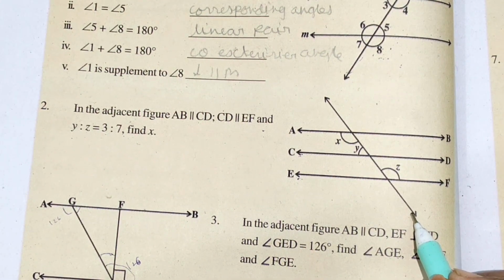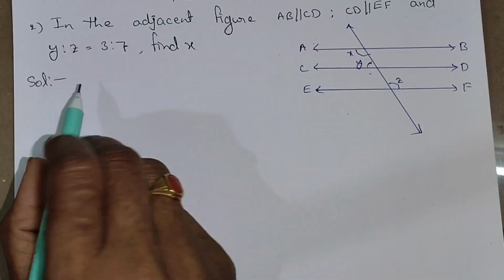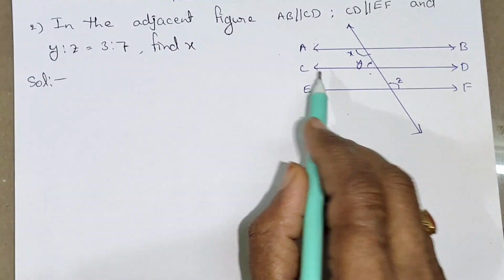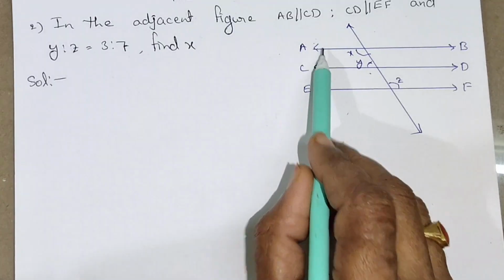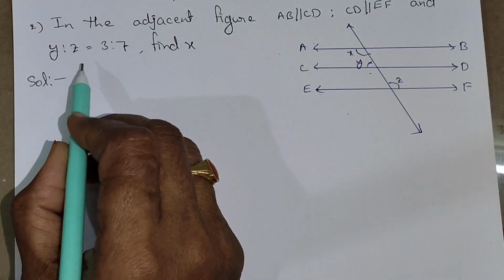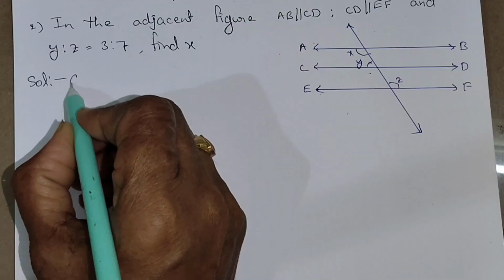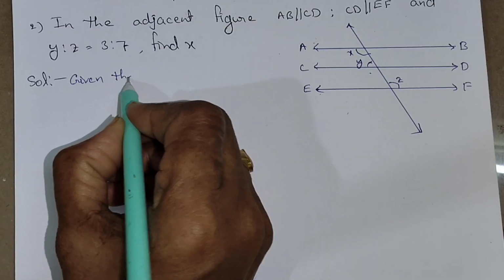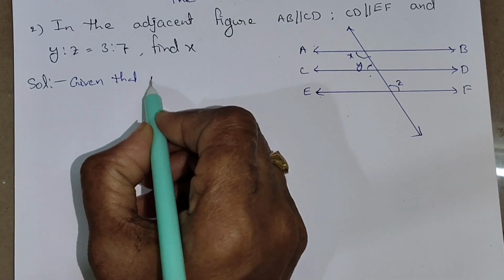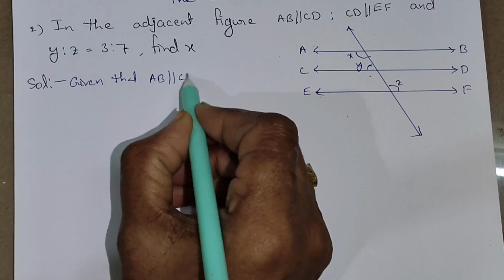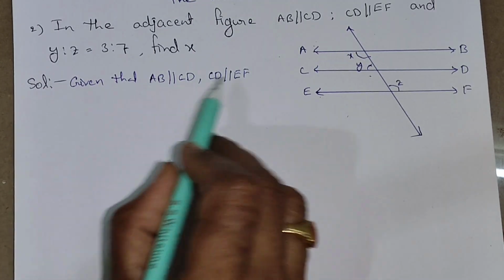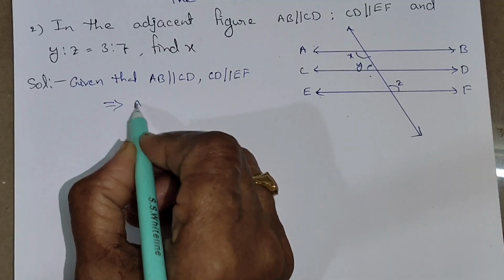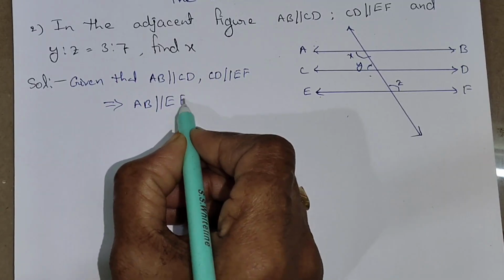Now we find the X value. These three lines are parallel because these two are parallel and these two are parallel, so automatically AB is parallel to EF.